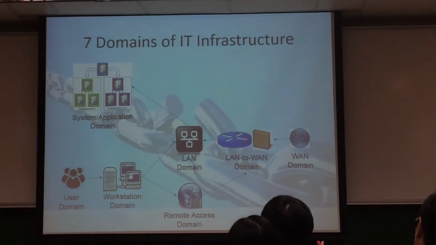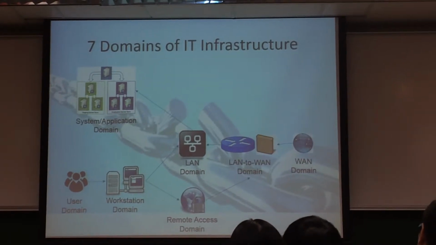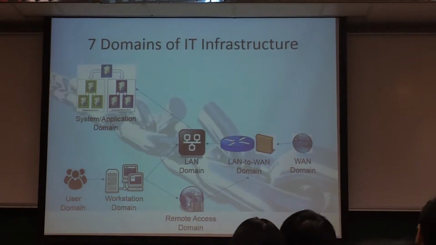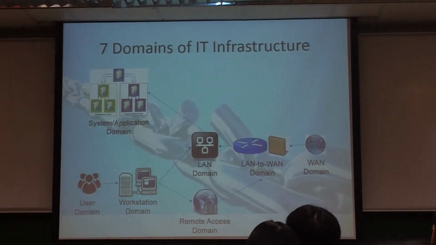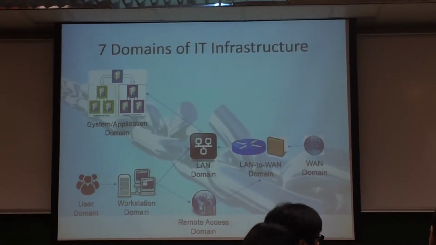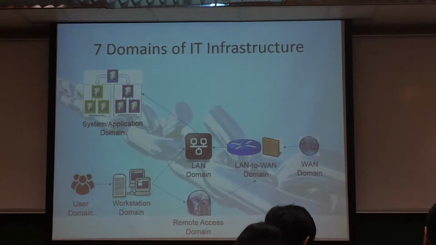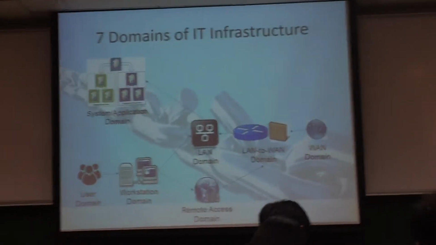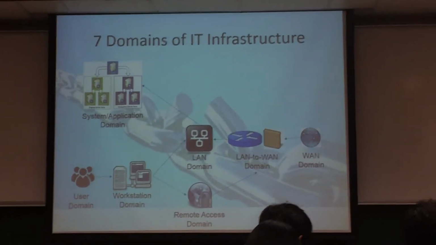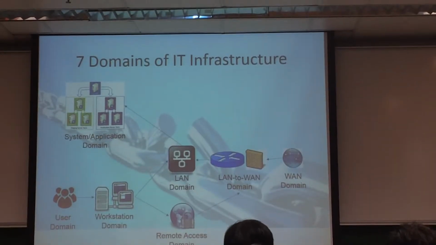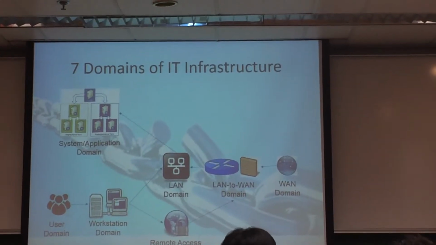And remember, some of the controls and some of the threats are not just appearing in a single domain. For example, virus and USB issues appear in the user domain, in user behavior, where they surf harmful websites.